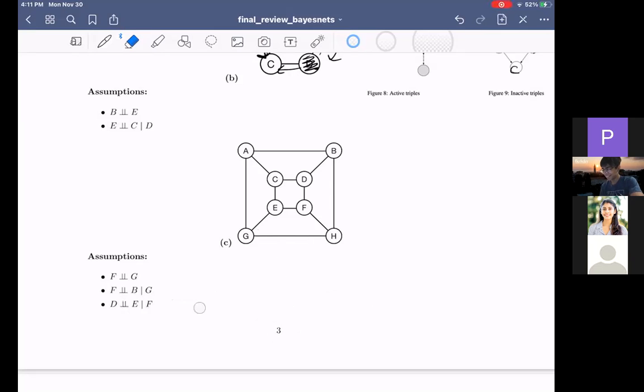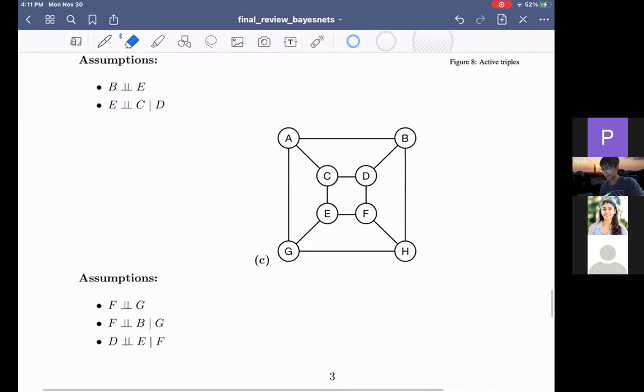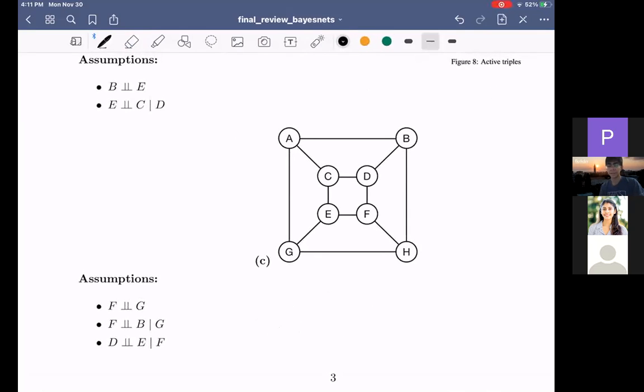All right, so let's try doing this problem. What ideas did people have? Let's think about the independences individually. For example, for F independent of G, what could we do?